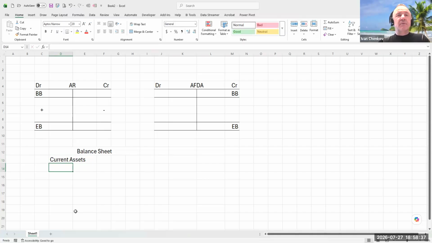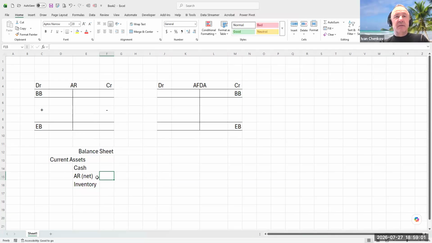And in the current assets, we're going to start seeing cash, net accounts receivable, and inventory. Now, on the accounts receivable, there will probably be a note which says net, something like note 2, for example.